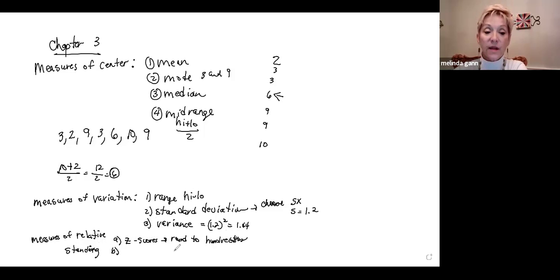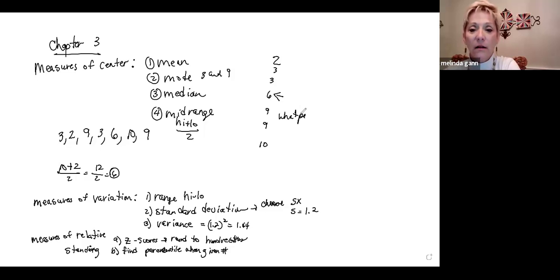Then make sure that you can find percentile when given a number. I would say something like, what percentile is 3 in the list? So when you're given a number, make sure you can find the percentile.